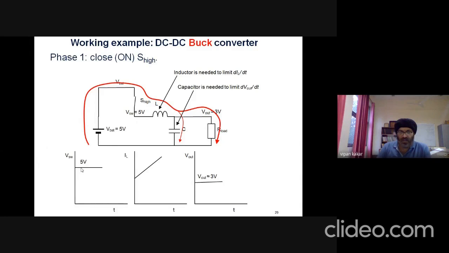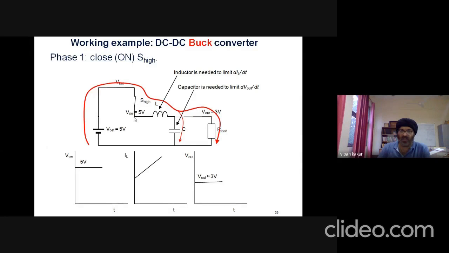So when the switch is on, this switch has 5 volts, because we are assuming all components in this circuit are ideal in nature. This is 0 drop over here, because it is an ideal switch, 0 drop. So all the voltage will appear at this node, because there is no voltage drop in this switch.